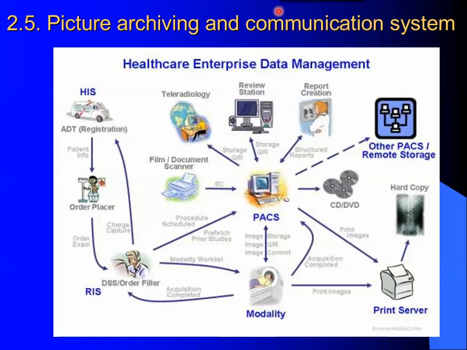So all three components could be separate, independent systems, which establish a relationship by network and application programming interface, or on the other hand, all these three systems could be components of a general hospital integrated information system.